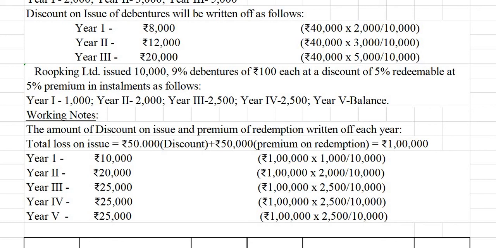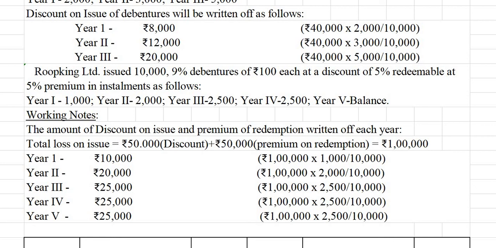And the balance, how to find out the balance for the fifth year? Total discount is 1 lakh. Total debentures we have here are 10,000. Out of that, first year 1,000 redeemed, second year 2,000 redeemed, third year and fourth year 2,500 each. So 5,000 plus 2,000, 7,000 plus 1,000, how much? 8,000. Remaining 2,000 is left.